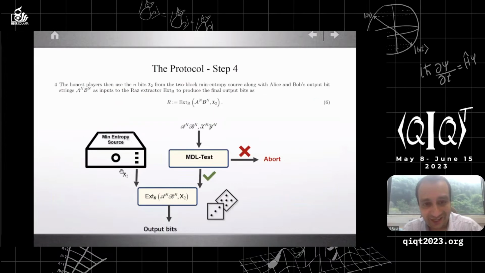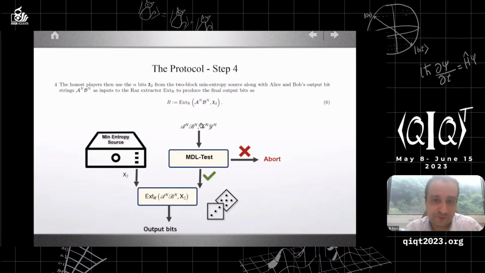Now we take the second block of n bits from the 2-block min entropy source, along with Alice and Bob's output bit strings, and we use them as inputs to Raz's extractor, another independent source extractor that works on this x2 along with the output bits from this Bell test in order to produce the final output bits.